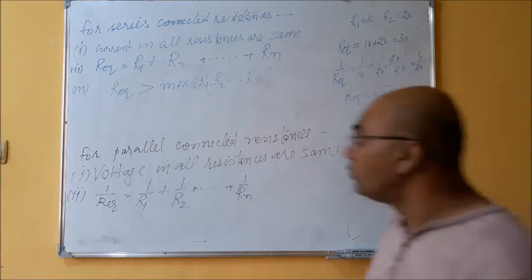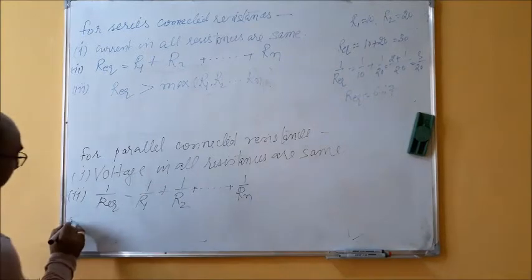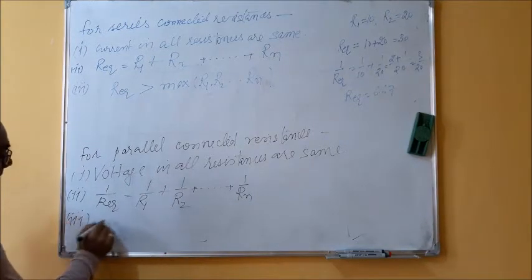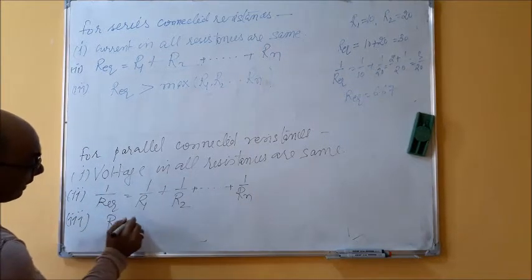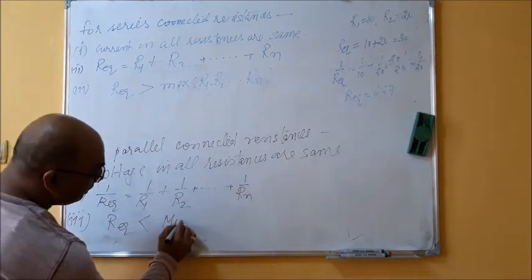So what I can conclude, I can write the third point here, that R equivalent in parallel is less than the minimum value.